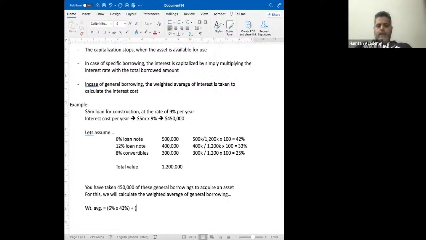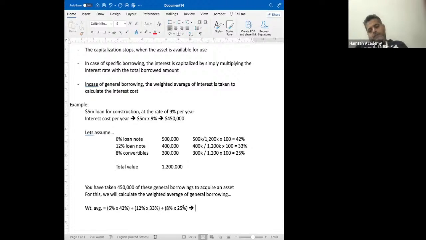Plus, we have the next one at 12% into 33%. Plus, the next one is 8% into 25%. Now, if we solve the whole equation, what do we get?